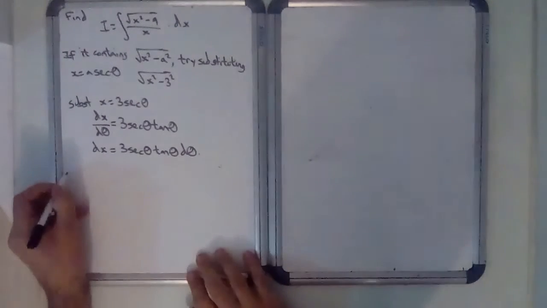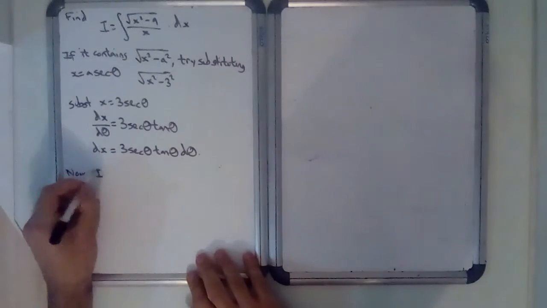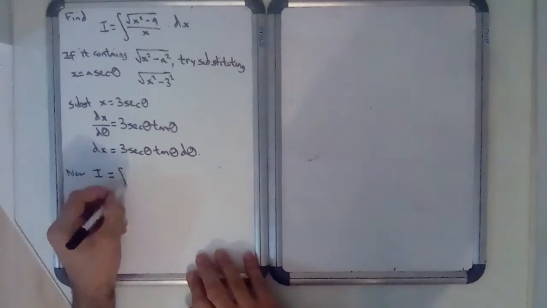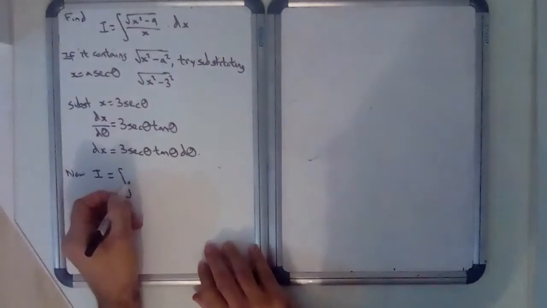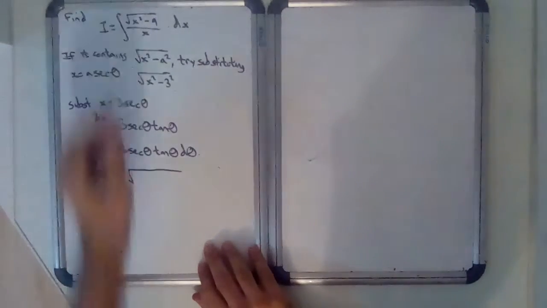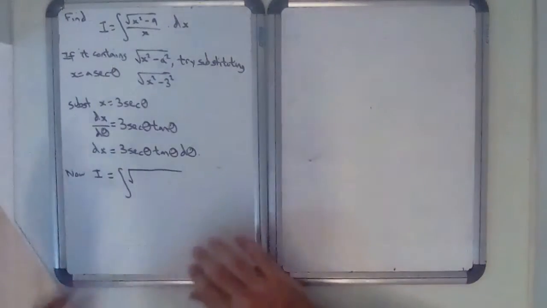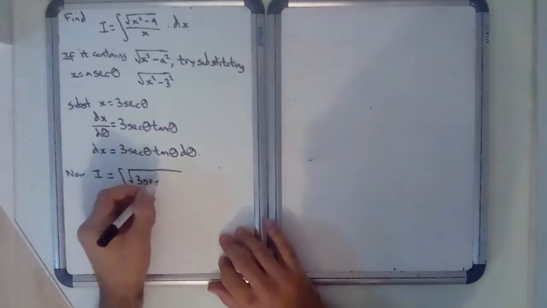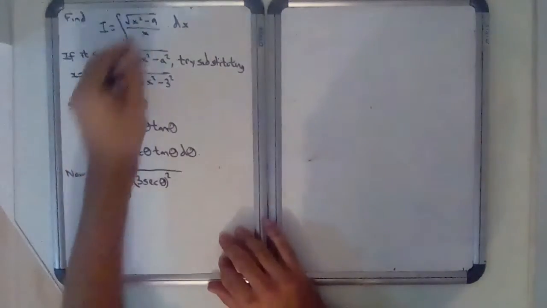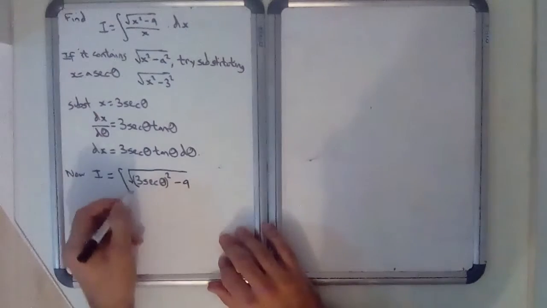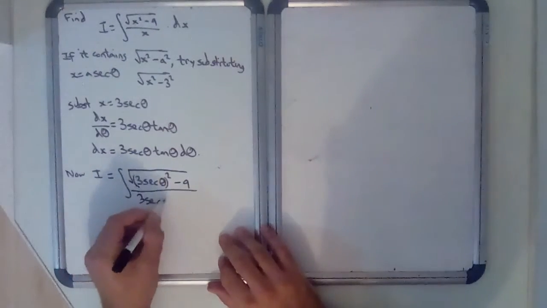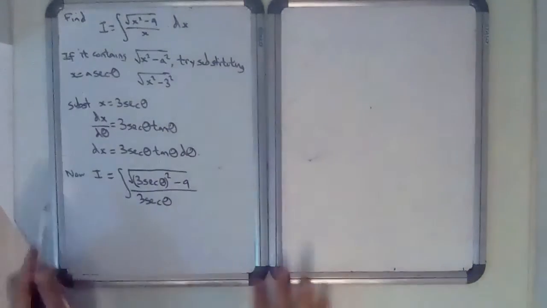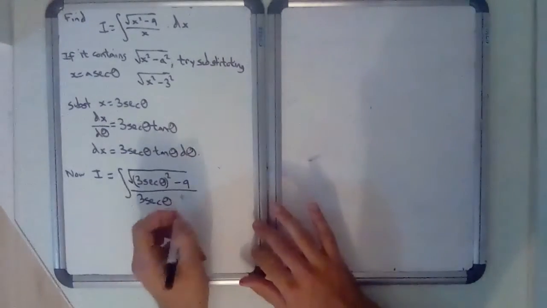The transformed integral equals the integral of, since x equals 3 sec theta, the square root of 3 sec theta squared minus 9, over x, which is 3 sec theta, and then dx, which we've just said is 3 sec theta tan theta d theta.